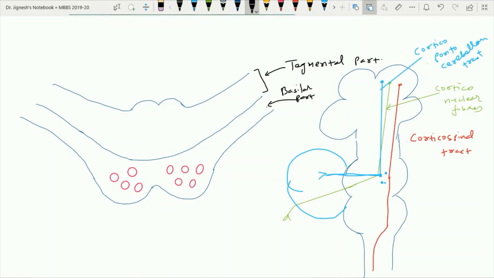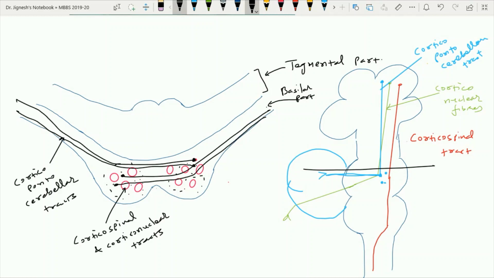So when we take a section of this pons, we can find these three types of fibers within the basilar part of the pons, along with the pontine nuclei scattered between the fibers. We can see fibers from the pontine nuclei of one side crossing to the opposite side and running to the cerebellum.